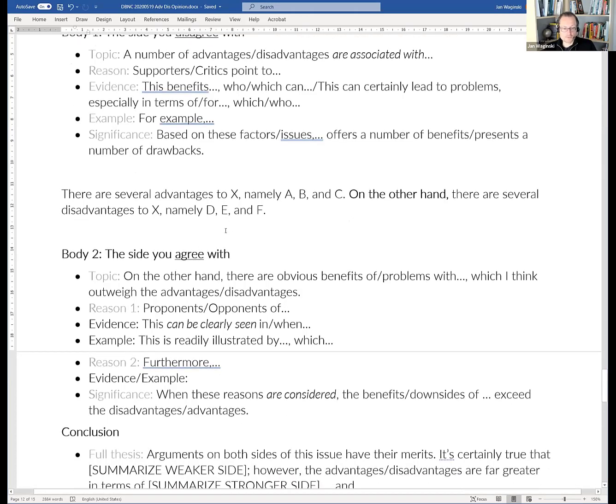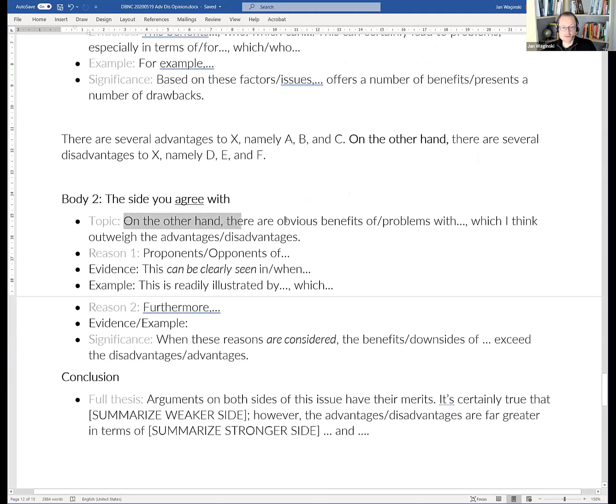So for the side you agree with: on the other hand, there are obvious problems with knocking down old buildings, which I think outweigh the advantages. So opponents of knocking down old buildings, or proponents of preserving old buildings. Evidence: however you want to phrase this, this can be clearly seen in, or this can be clearly seen when, maybe you've got a specific example from back home, or you know something about Toronto.